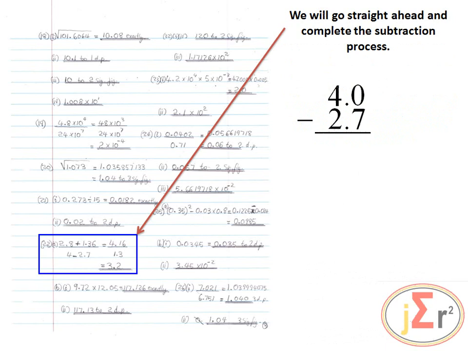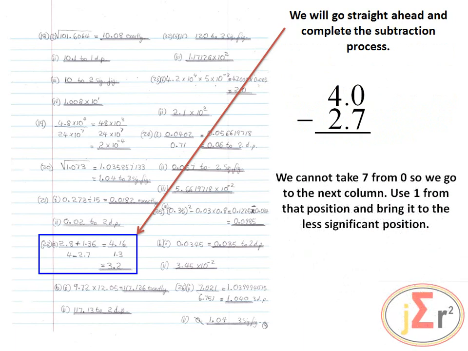We will go straight ahead and complete the subtraction process, but we cannot take 7 from 0. So we go to the next column, use 1 from that position and bring it to the less significant position.